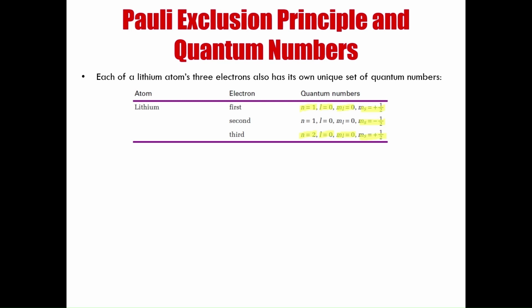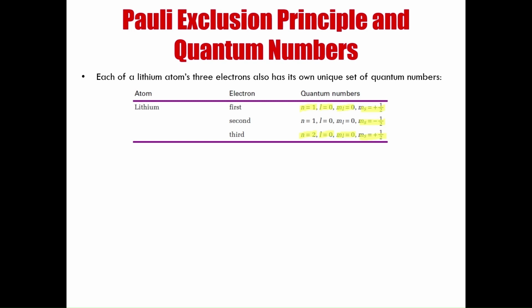Ms equals positive 1/2. The reason this orbital is going to be half filled is because lithium only has 3 electrons. And we've used 2 of those electrons to fill the s orbital in the first energy level. And so we're only left with 1 electron to put in the second energy level in that s orbital.